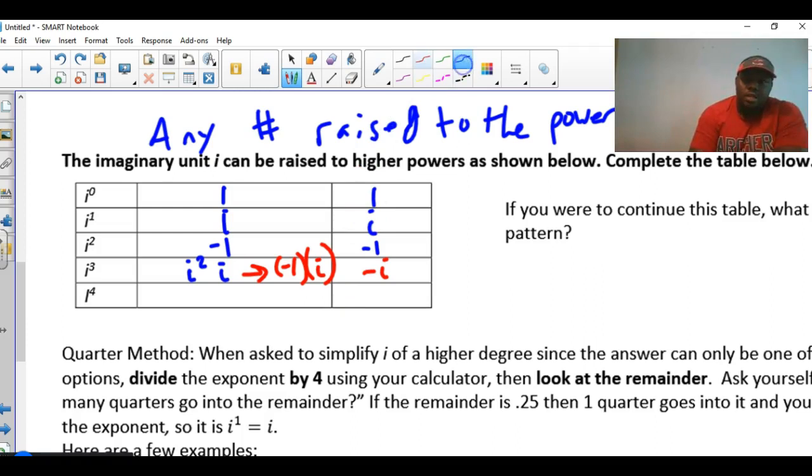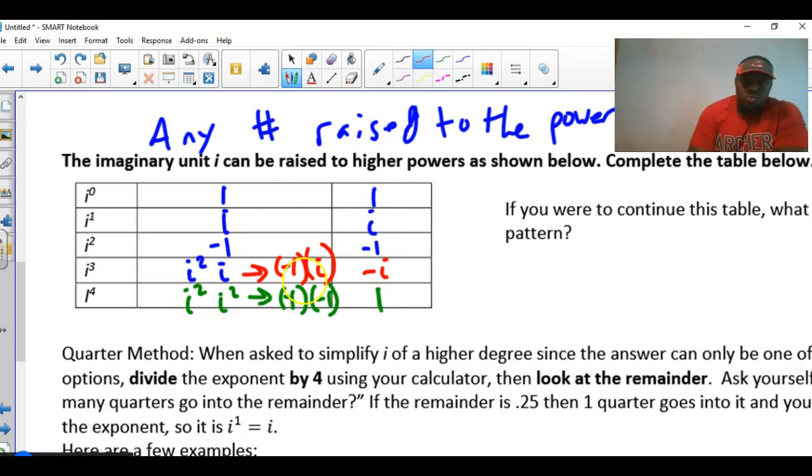And lastly, we have i to the 4th. Well, that's i squared times i squared, right? That's 4 i's, 2 and 2, 4 i's. But we know i squared is -1. So -1 times -1 is a +1, okay? +1. So now, why did I do this?